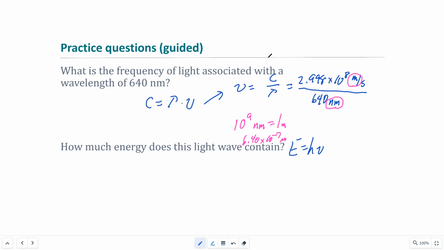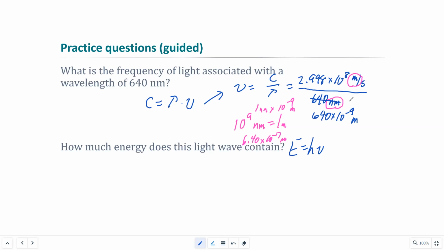We can also cheat this slightly using our scientific notation know-how. If we flip this around and say that 1 nanometer is equal to 10 to the negative 9th meters, then we can substitute 640 times 10 to the negative 9th as our meters and be okay.